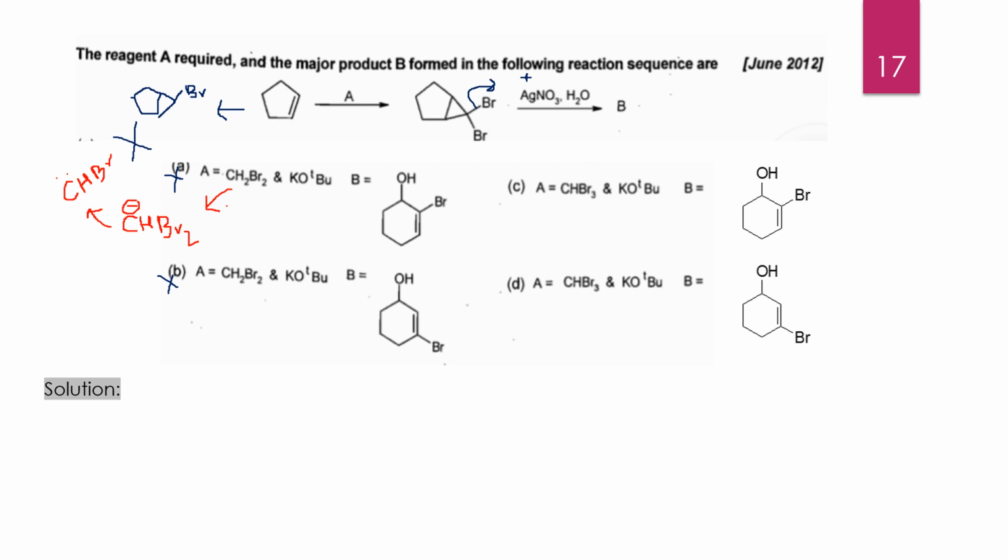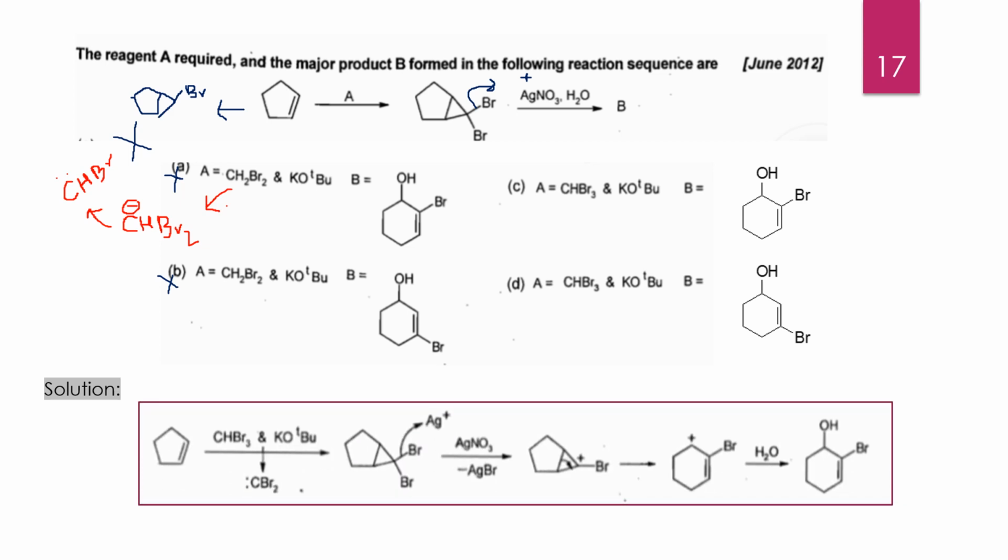And meanwhile, what will it generate? There will be a carbocation generated. So this is the answer. After AgBr is eliminated, a carbocation will be generated here.